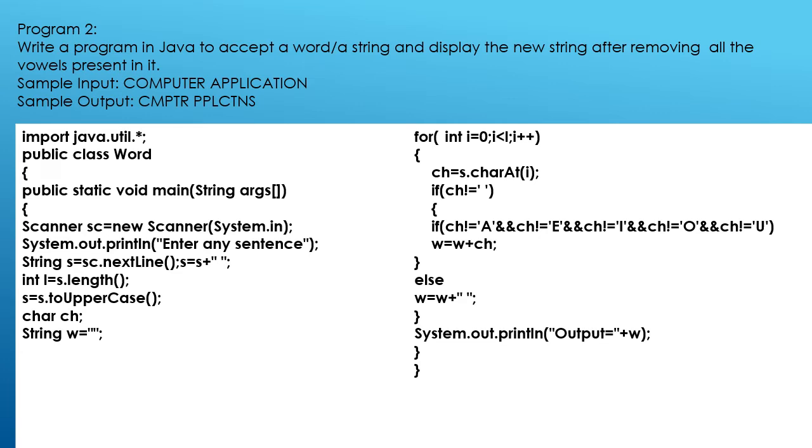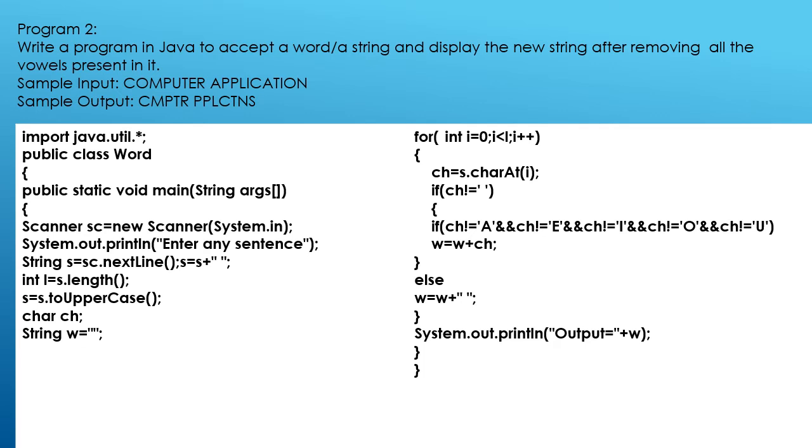Then input the string and store it in s by using String s = sc.nextLine(). Add one space at the end of the sentence. Find out the length of the sentence. Then convert all the characters of the sentence into uppercase by using s = s.toUpperCase().